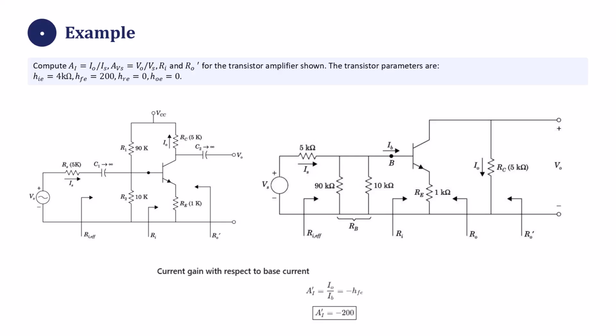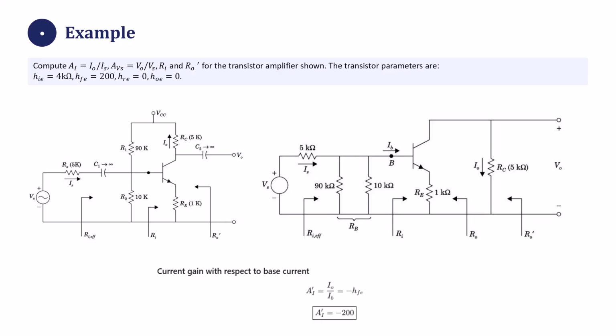Let's put all of this into practice with a worked example. We need to compute the overall current gain AI equal to IO over IS, the overall voltage gain with respect to the source AVS equal to VO over VS, the input resistance RI, and the effective output resistance RO prime for the amplifier shown.